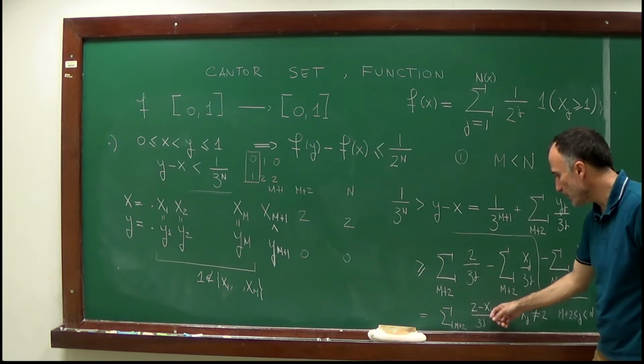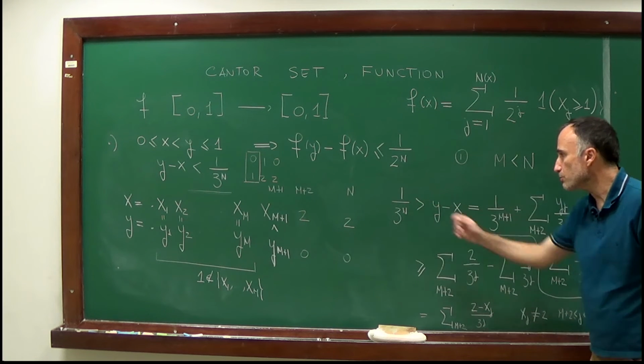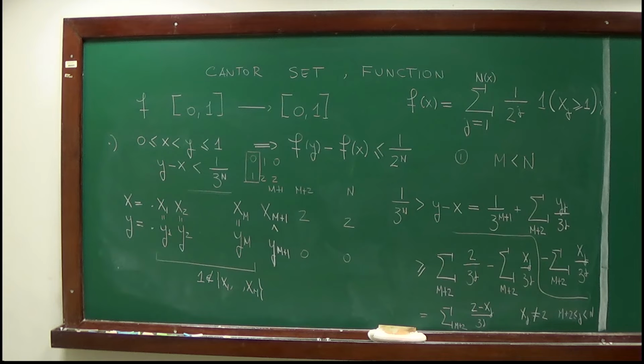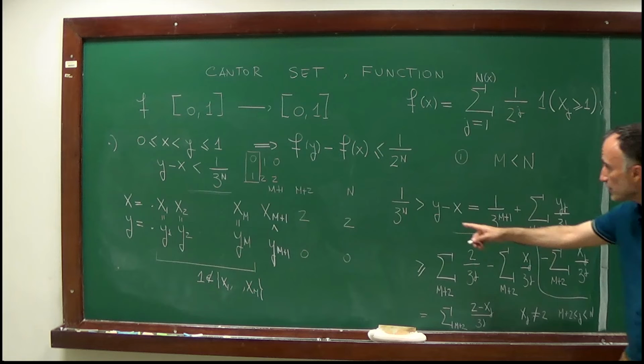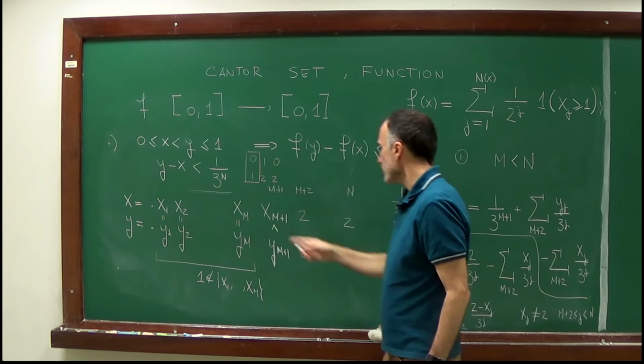Because I will have here a number divided by 3^j, which is not smaller than 3^n. And actually, I can go up to n, because this inequality is strict. This is why I chose here a strict inequality.